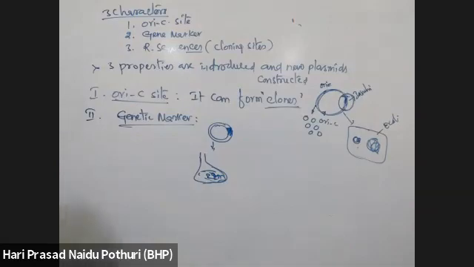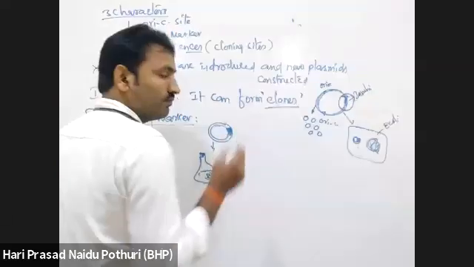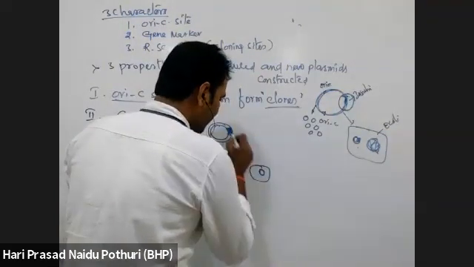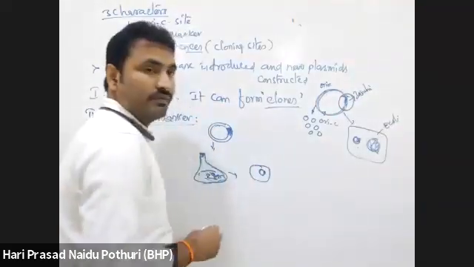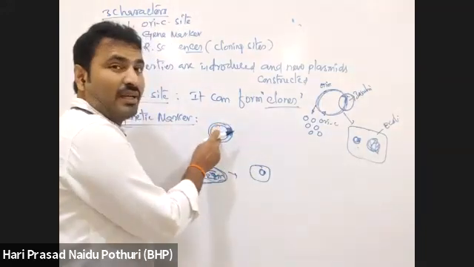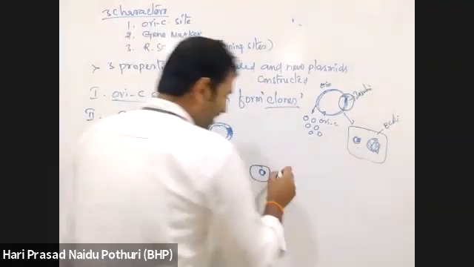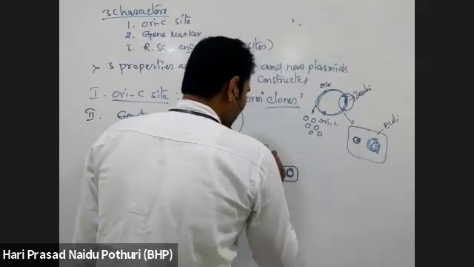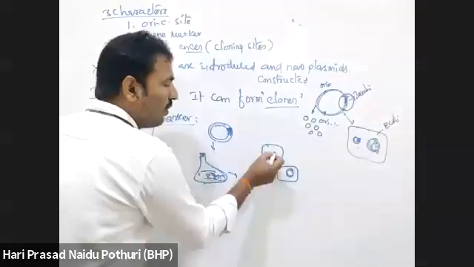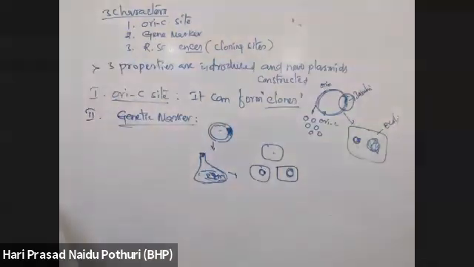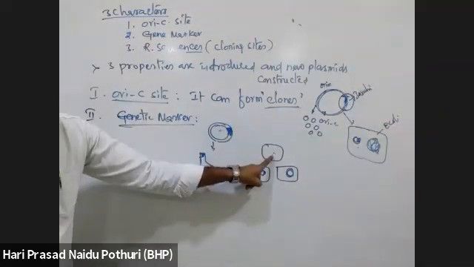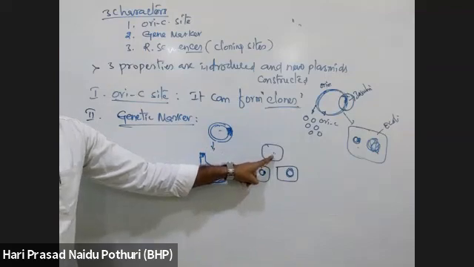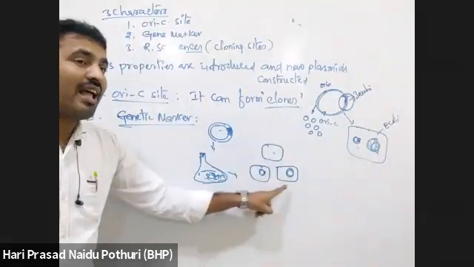Among these bacteria, some bacterial cells take up this rDNA, and some bacteria do not take up rDNA. Those that have no rDNA are called non-transformants. Those that have it are called transformants.